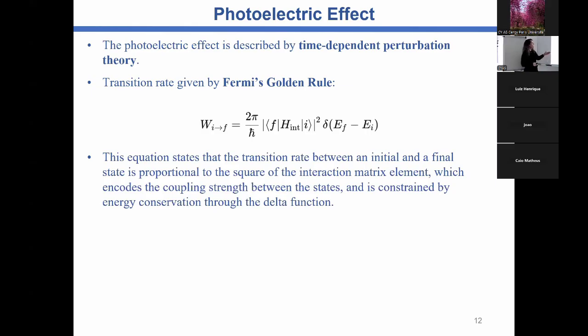And when we have a transition between the initial and final system, this rate can be predicted through the proportional square of the Hamiltonian matrix element. And this is correlated to a delta function.